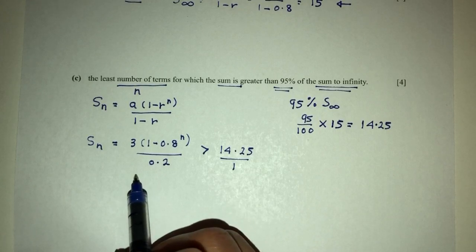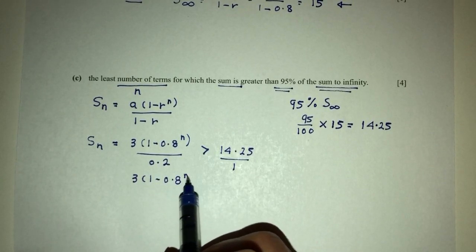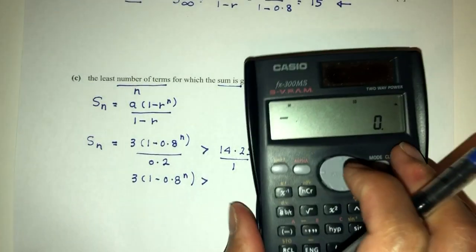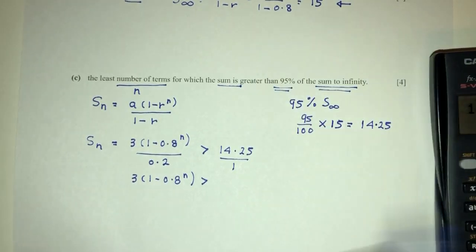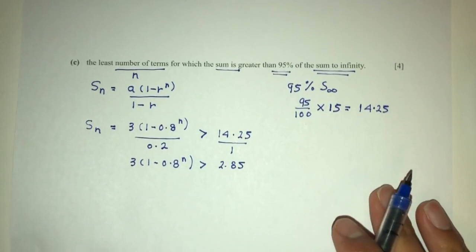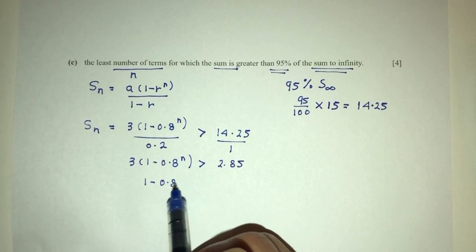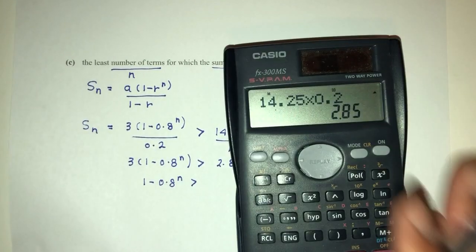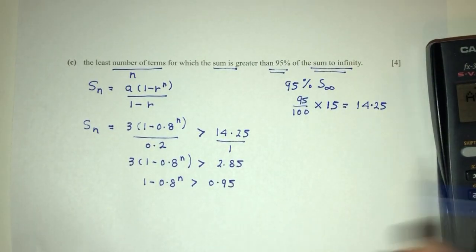You will have 3 times 1 minus 0.8 to the power n, that will be 14.25 times 0.2, that will be 2.85. Now divide by 3, you will have 1 minus 0.8 to the power n, and that should be 0.95.